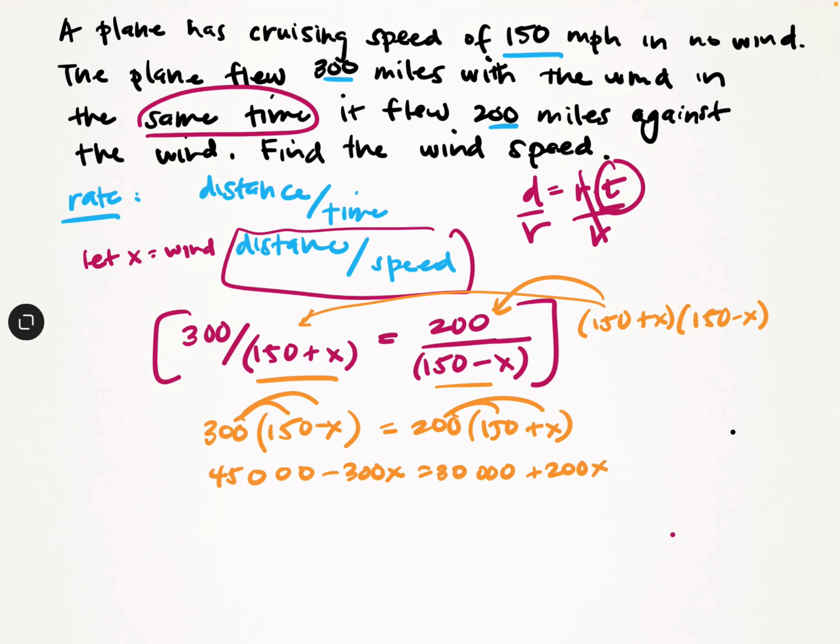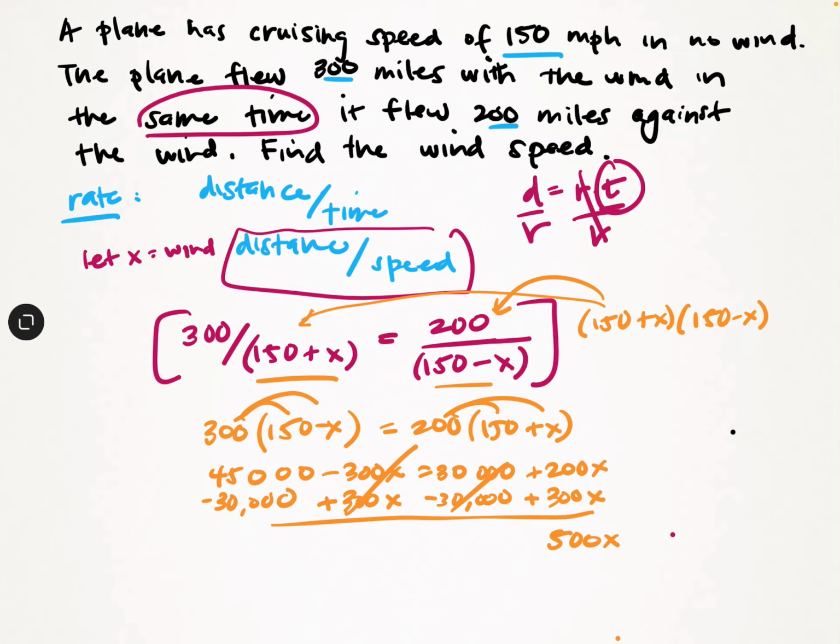All right, so let's move our stuff. We usually take the smaller x and move it to the other side. So that gives us 500x. And then while we're at it, we can take our 30,000 and subtract it to get it to the other side.